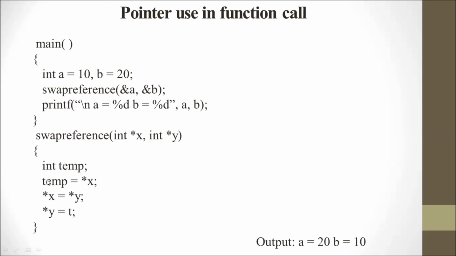These three statements swap the values with each other. The values are swapped and the control returns to the main function, and the values of a and b are printed: a equals 20 and b equals 10. So this is the swapping program using pointers.